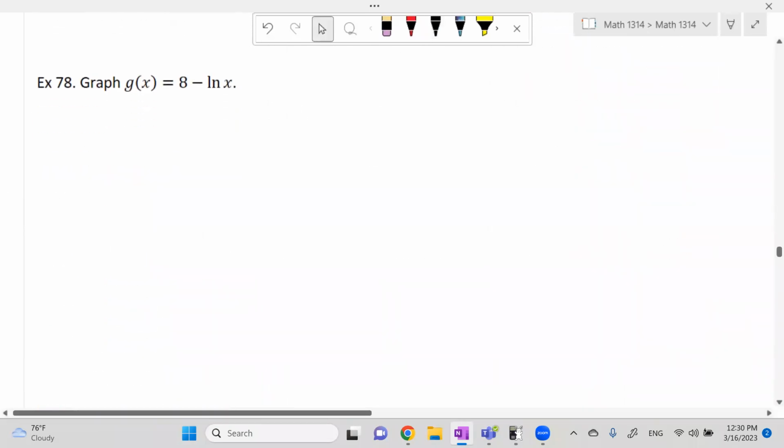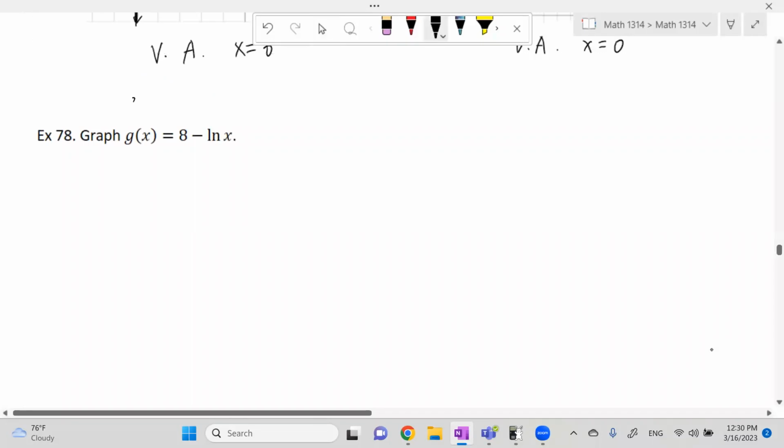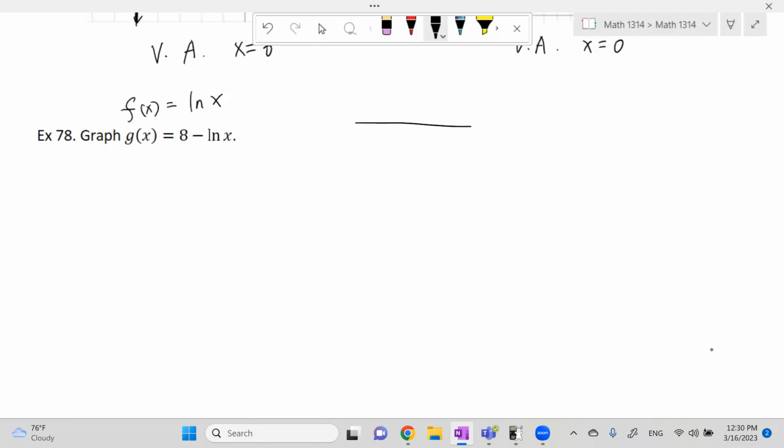For example, number 78: if I'm looking for the graph of g of x equals 8 minus ln x, first I can put the mother function f of x equals ln x here. I must know the graph of the ln function.